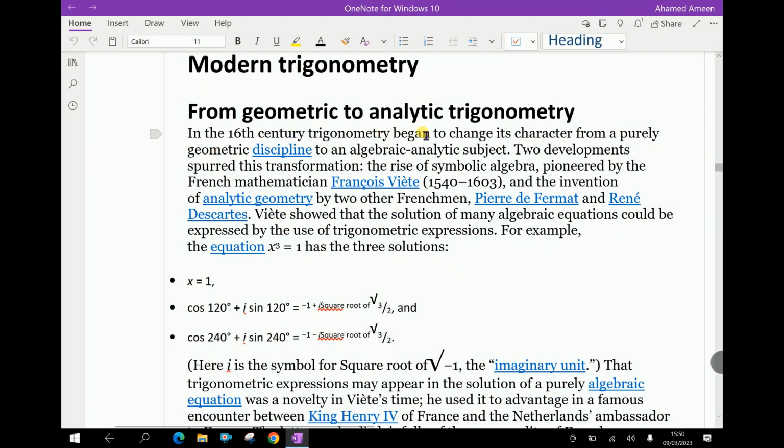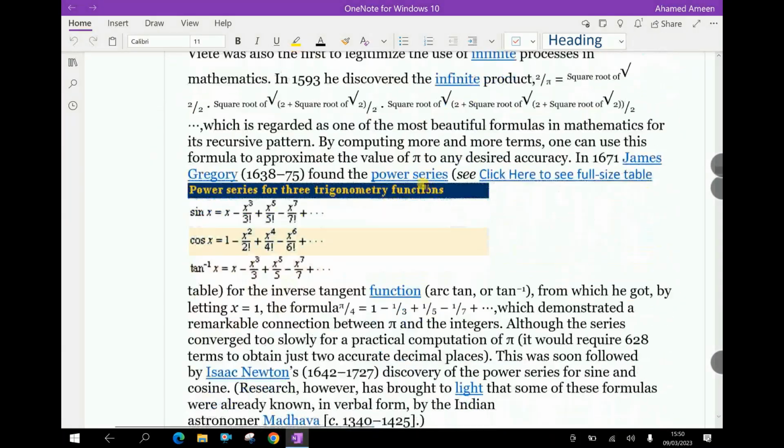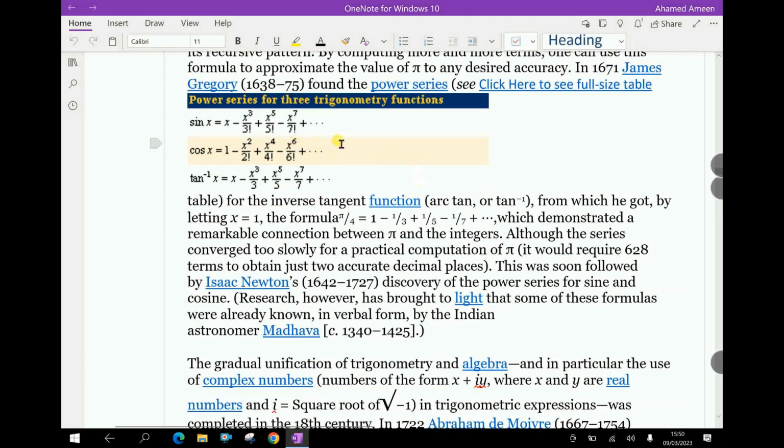From geometric to analytic trigonometry. In the 16th century, trigonometry began to change its character from a purely geometric discipline to an algebraic, analytic subject. Now, trigonometric functions can also be expressed as power series.